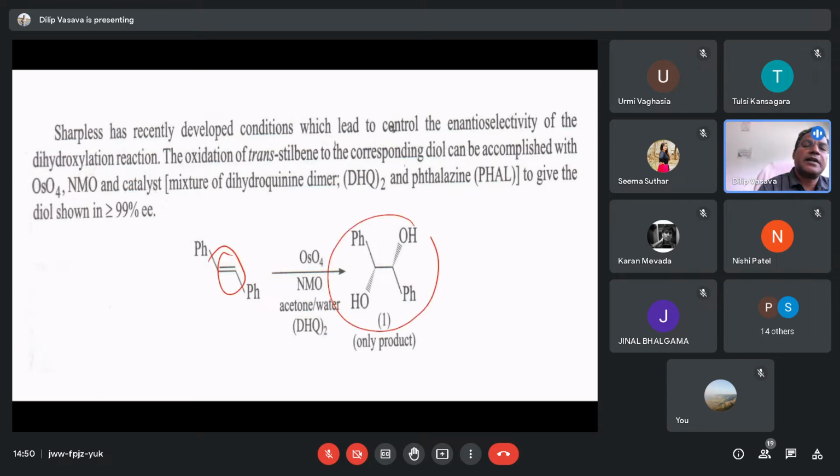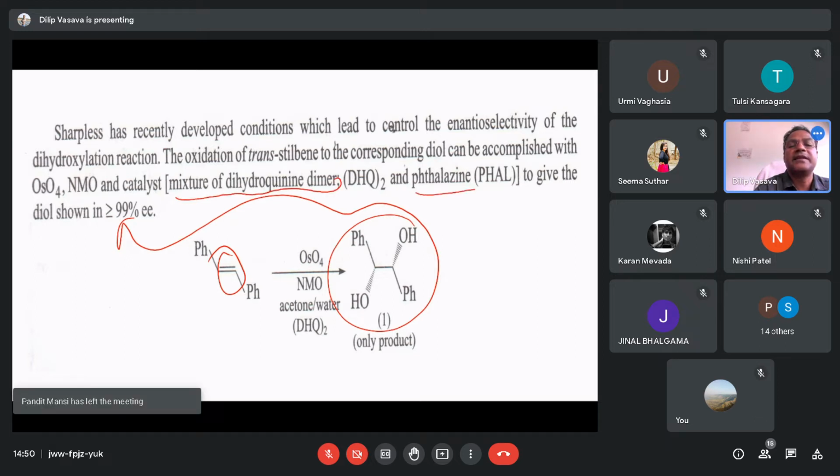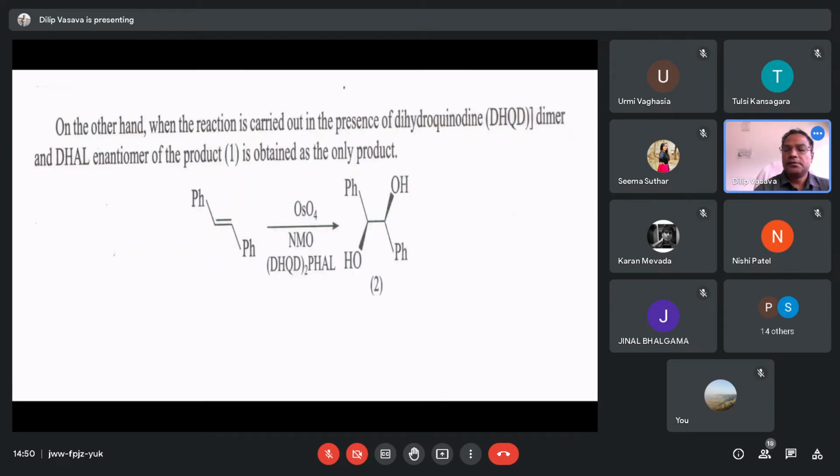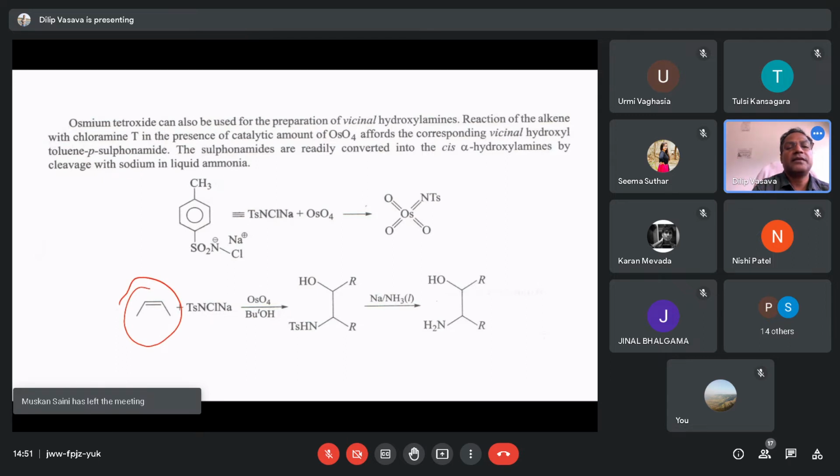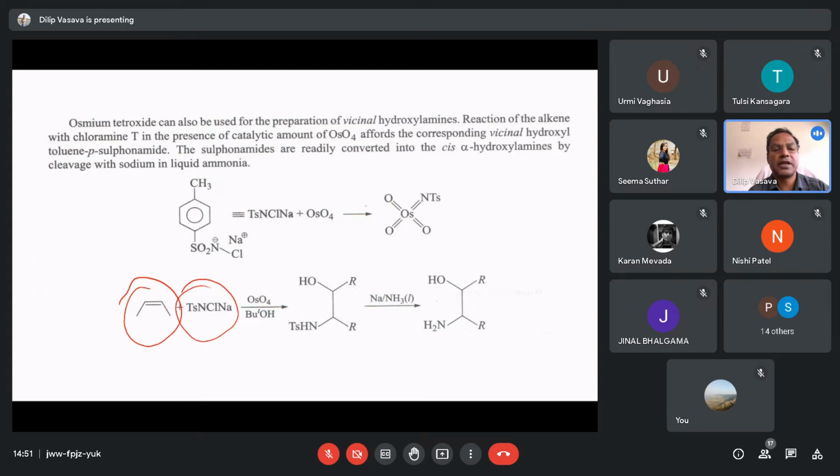it forms the diol with around 99% when NMO and a catalyst, that is the mixture of dihydroquinine dimer, (DHQ)2, and phthalazine, is utilized. Now here osmium tetroxide is utilized in presence of the sodium salt of tosyl chloride.